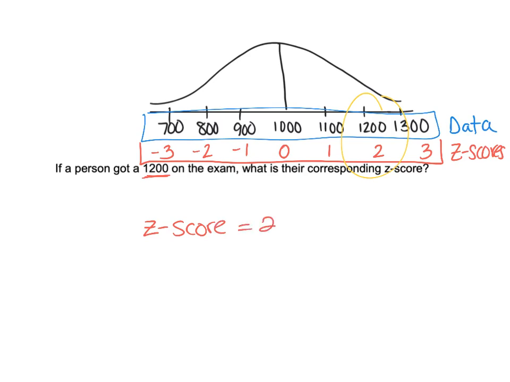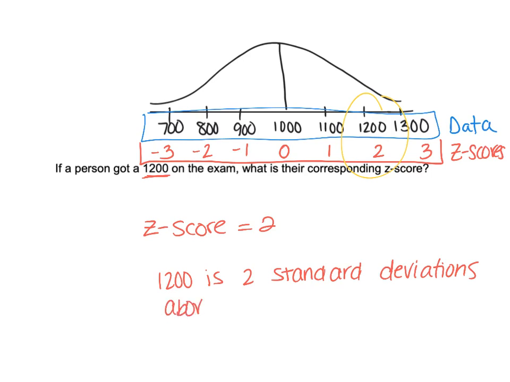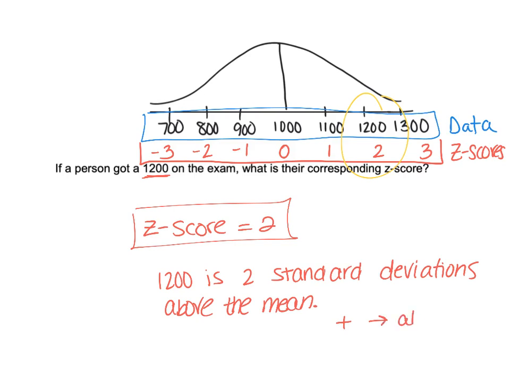So that means that the 1200 is 2 standard deviations above the mean. So a positive z-score means we are above the mean.